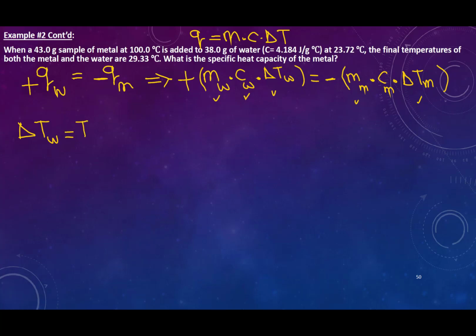And it's going to be T final minus T initial for water. Okay. T final is given to us. It's 23.72 minus the initial for water. Oh, sorry, I made a mistake.